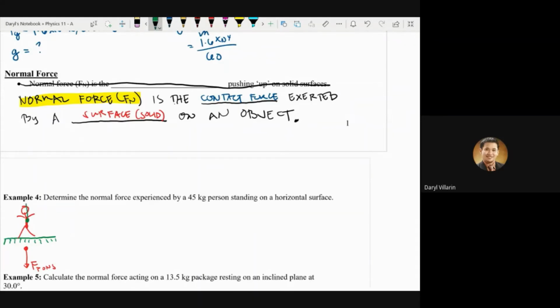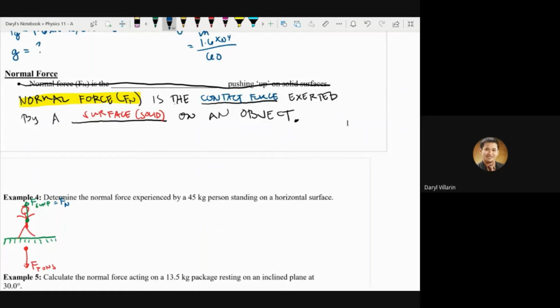So the force exerted by the surface on the person. If you are asking for the normal force, this would be my normal force here. This is Fn, the force exerted by the surface on the person, right?